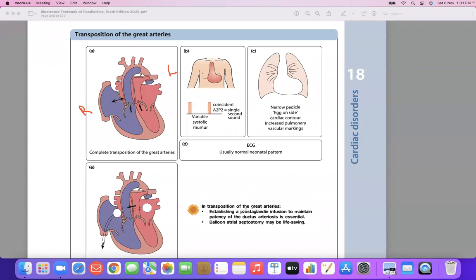So in a cyanosed neonate, one of the differentials is the transposition of great arteries. We'll make an ASD. Sorry, ASD.